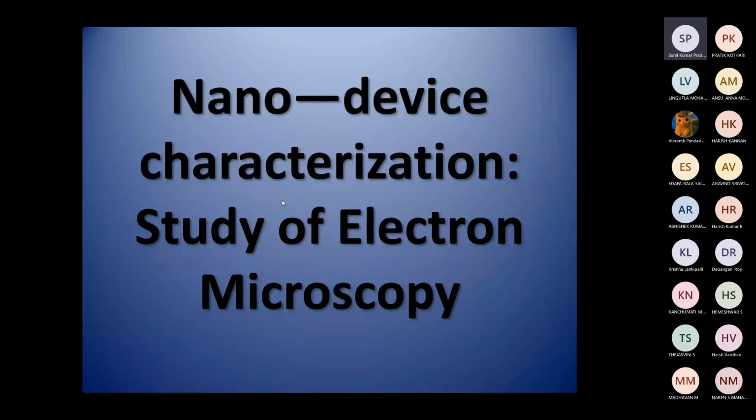Especially in the nanometer range. Let's say we consider a channel length of 45 nanometers. You can easily guess that if we don't have a tool to characterize devices of 45 nanometer channel length, how can we know that the device is made of 45 nanometers? So in that case we have to characterize the devices, and we generally do that by electron microscopy.